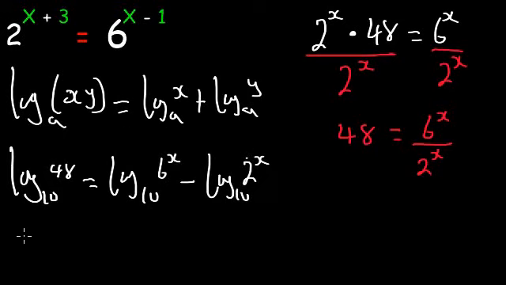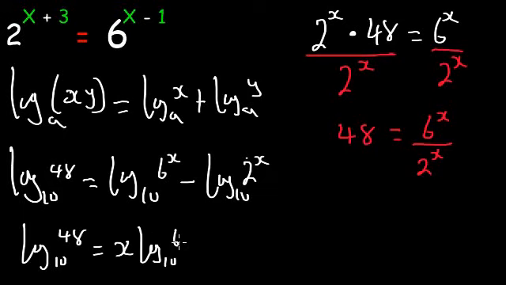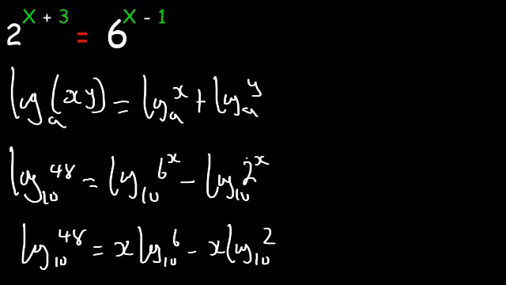Okay, so therefore log of base 10 to 48 will now be equal to x log of base 10 to 6 minus x log of base 10 to 2. And for now, I will just focus more on the right hand side.